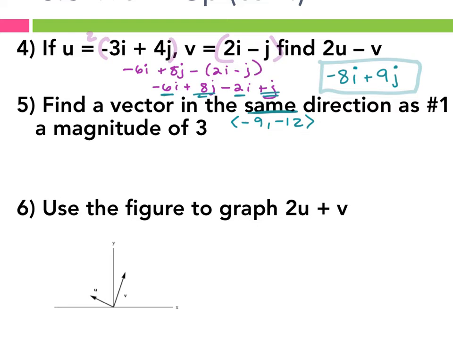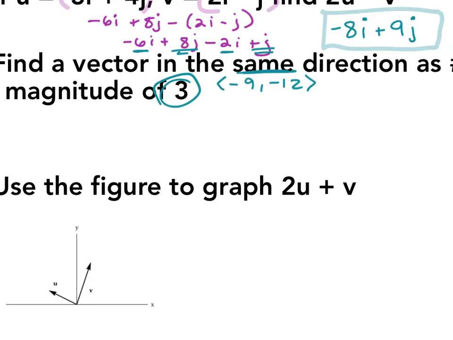What's the difference between a vector in the same direction with a given magnitude, or a unit vector in the same direction? Go ahead. So unit vector has to be equal to 1. You don't worry about a magnitude at the end. Whereas if it gives you a specific magnitude, we're going to find the unit vector first, and then we're going to multiply it by 3 because we want it to be 3 units long.